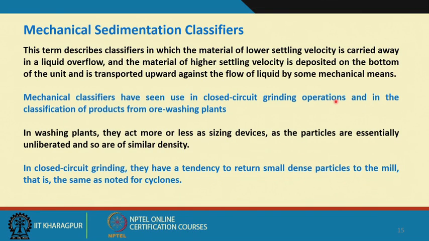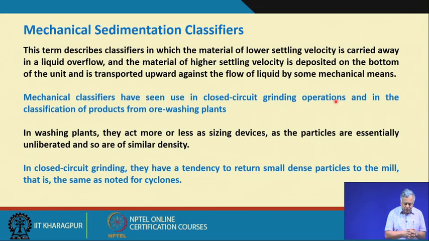Then there are certain varieties of mechanical sedimentation classifiers. This term describes classifiers in which the material of lower settling velocity is carried away in a liquid overflow, and the material of higher settling velocity is deposited on the bottom. So, you collect the lower settling velocity material through the overflow, because you have a certain volume of water.